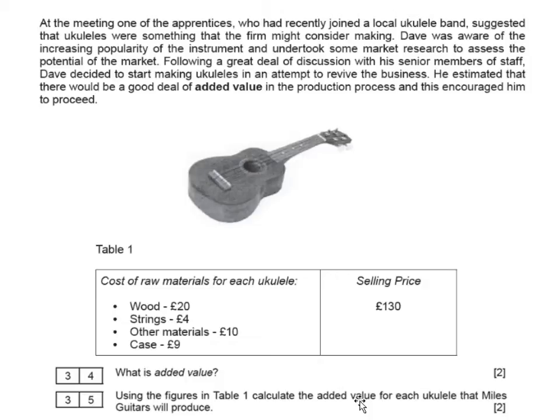So it's 130 minus these numbers here. Minus 20 is 110, and then 100, and then 90, 91, and then 87, if you take all of those figures off the 130. So the added value is £87 that they're adding.